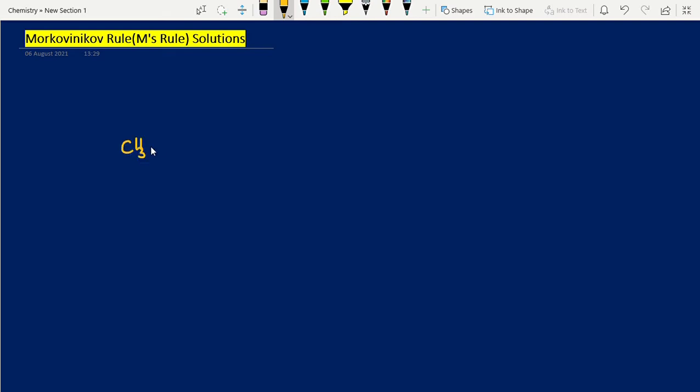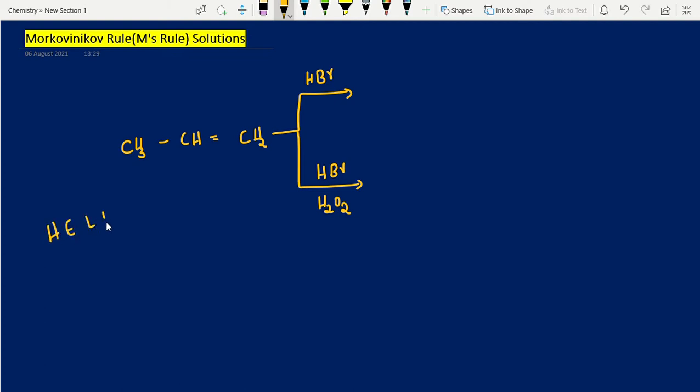CH3, CH double bond CH2. If you are using HBr in the absence of peroxide, then what is this? HBr in the presence of peroxide. I said peroxide, that is HELP. In the previous video I explained it in detail, so please watch that one. HELP: what is HELP? Heat, energy, light, peroxide.